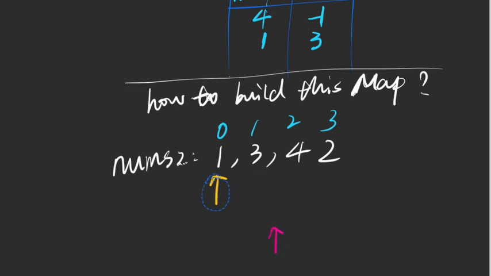For the next step, we move to the second element and initialize another pointer to look for it, which is 4. Of course, if we are lucky we have 4 right here, but if not, we continue to move the pointer until we find it, so that we can build this map with brute force. But the time complexity will be O(n squared), because every time we have two pointers going through this array. So how can we go through this only one time?